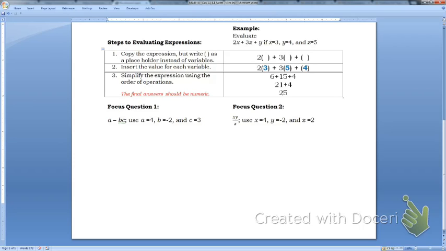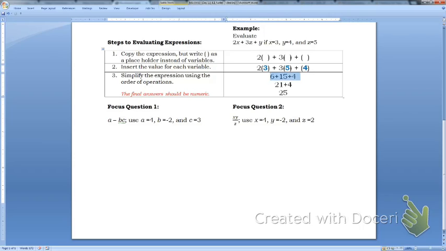So you have 2, and then I replace the x with a 3, so that's what I wrote inside the first set of parentheses. Let's see if I can zoom in. Do you see my cursor? There we go. I replaced the z with the 5, and I replaced the y with the 4.